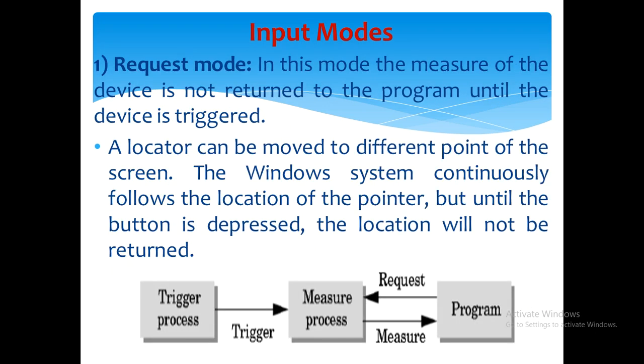Now, one by one. Request mode: how does an input device work in request mode? In this mode, the measure of the device is not returned to the program until the device is triggered. The best example is scanf.